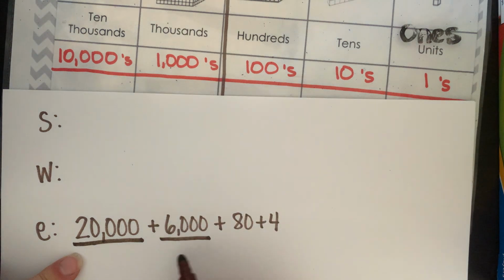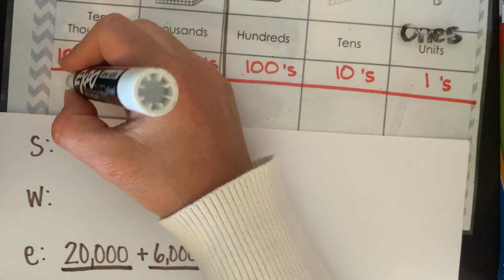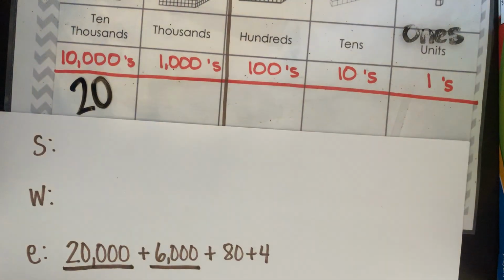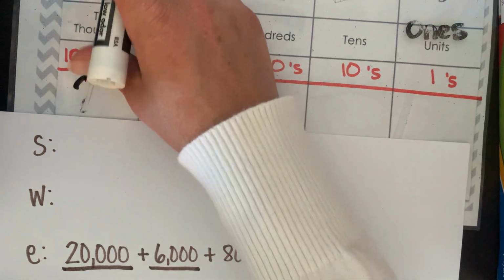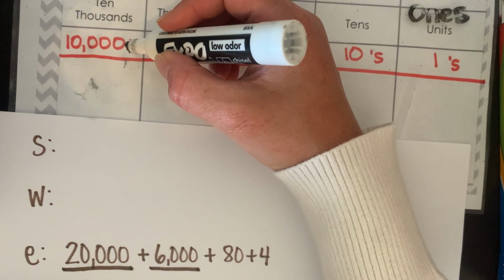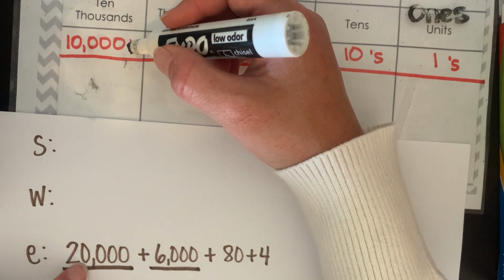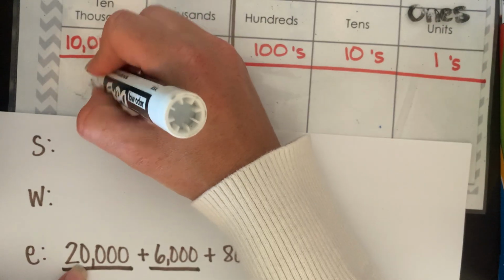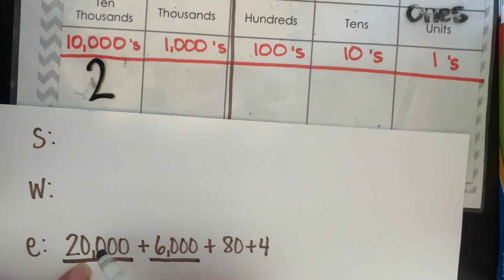So I know that these are going to be in my thousands period, but I'm not going to put 20 here because 20 10,000s would actually be 200,000s. If I have a value of 10,000, how many 10,000s would give me 20,000? 2 of them. So 2 10,000s gives me 20,000.